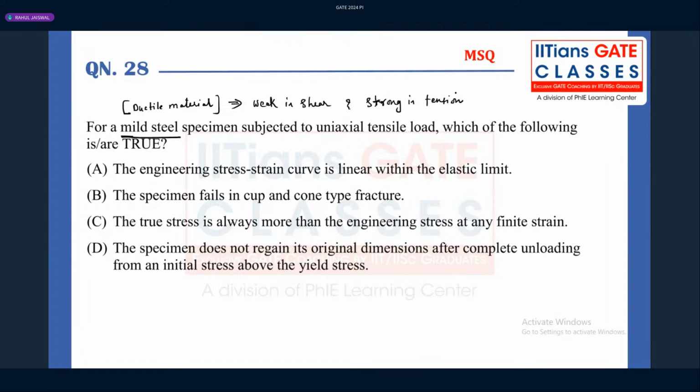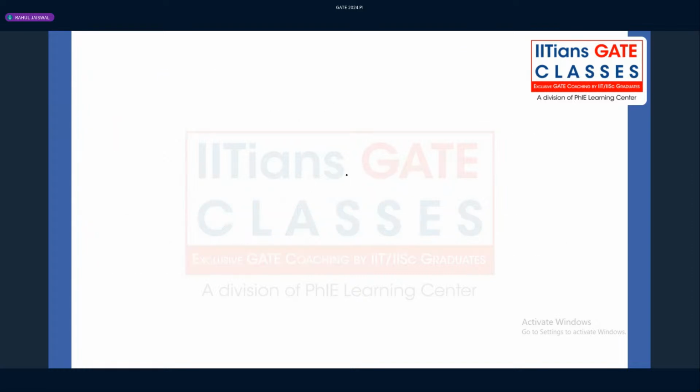Now, try to focus on this question and see what they are asking, guys. The first statement they have mentioned is: the engineering stress strain curve is linear within the elastic limit. First of all, we will try to draw the stress versus strain diagram.